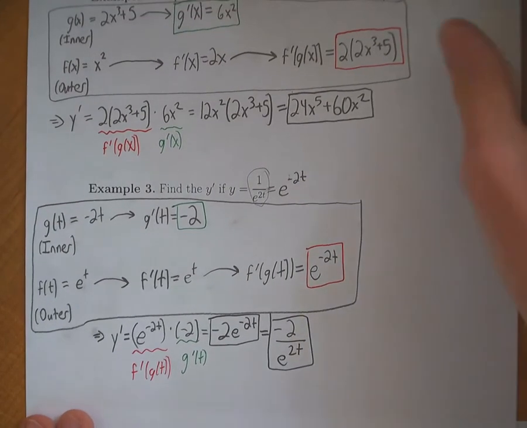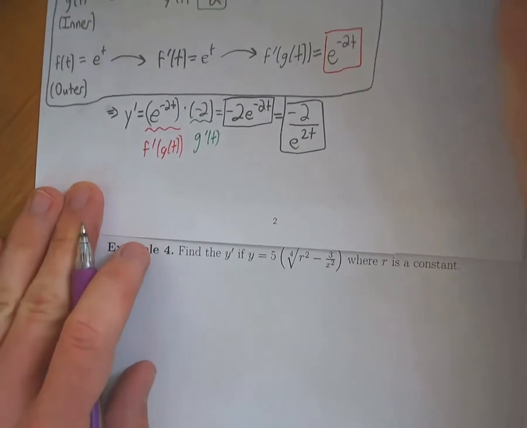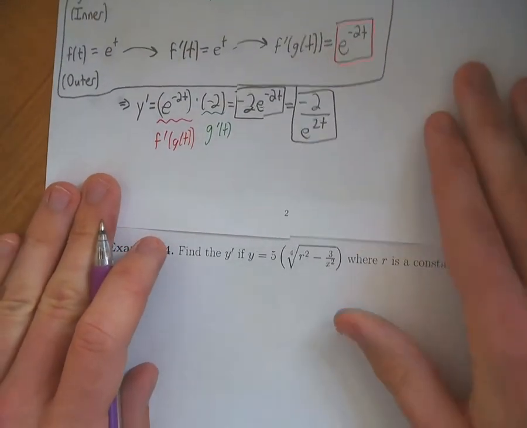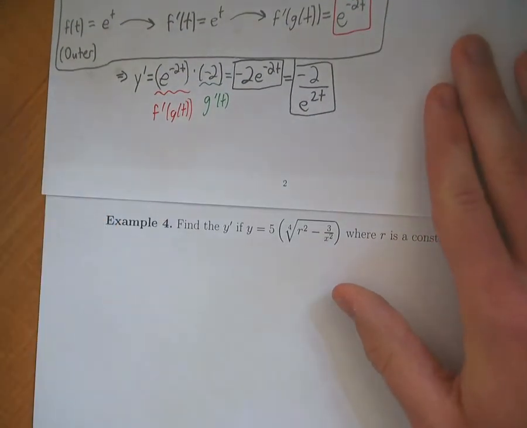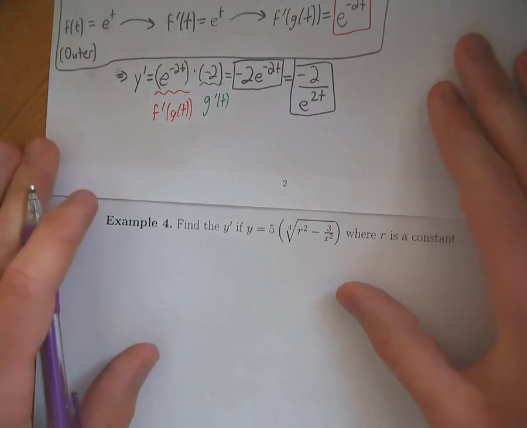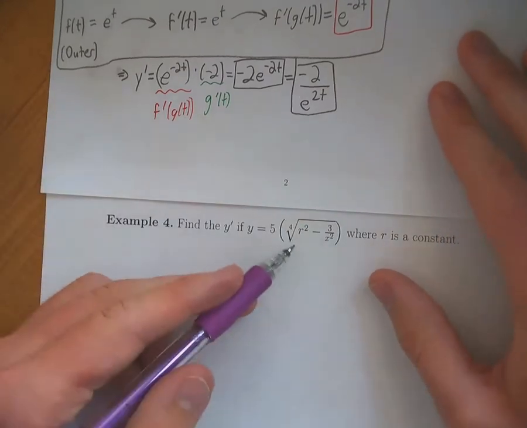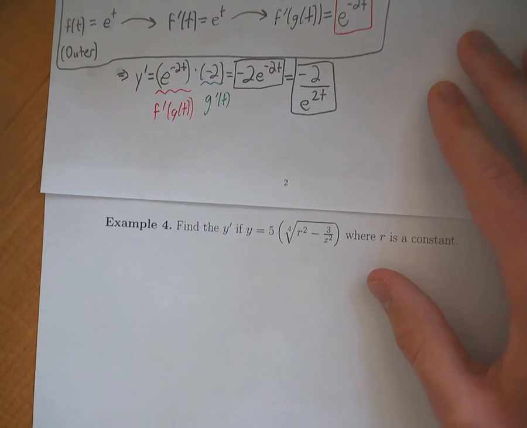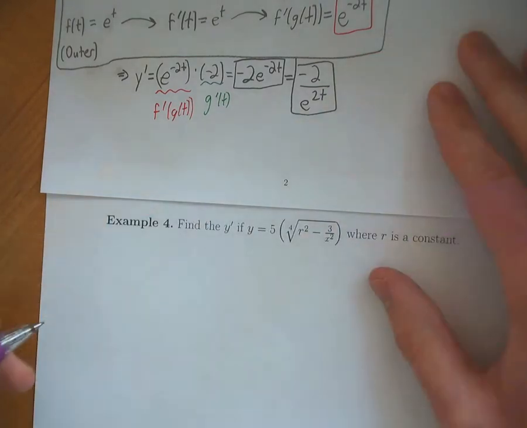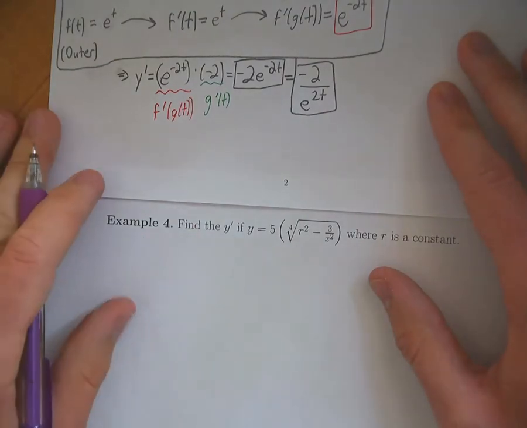All right, so now let's look at example 4. Okay. So now we're asked to differentiate 5 times the fourth root of r squared minus 3 divided by x squared, where r is constant. Okay.